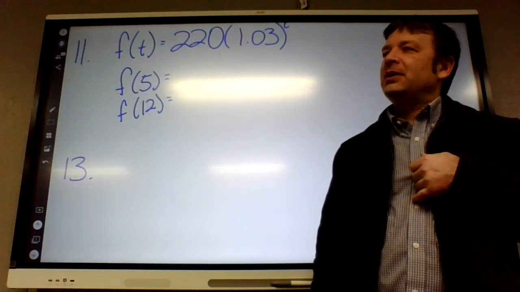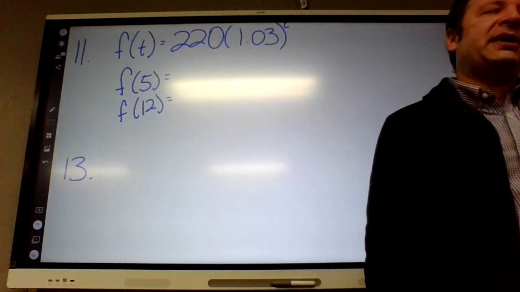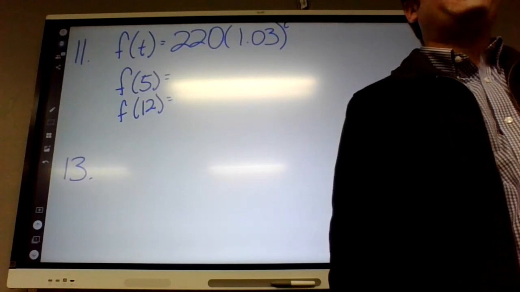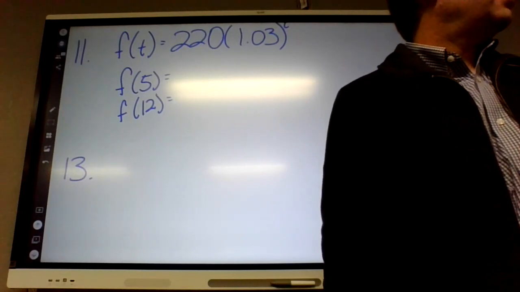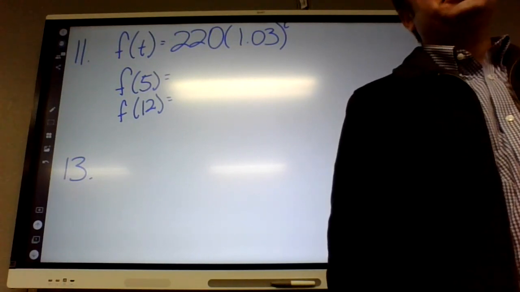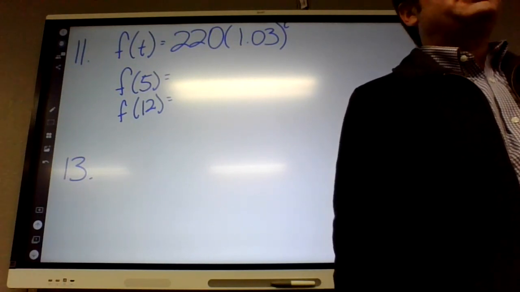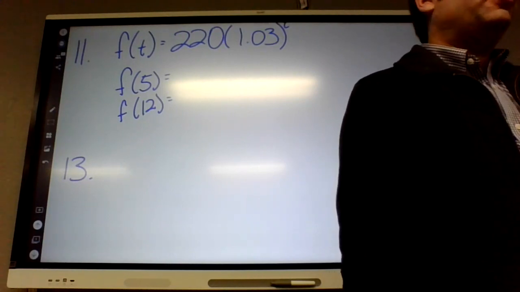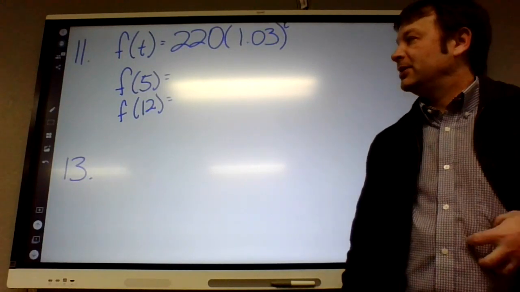The half-life of something is how many years or minutes or months before it's half. It's the time it takes for half of the radioactive isotopes to decay and stabilize to another element. So it's usually used for radioactivity. How many years does it take before half of the radioactivity goes away?